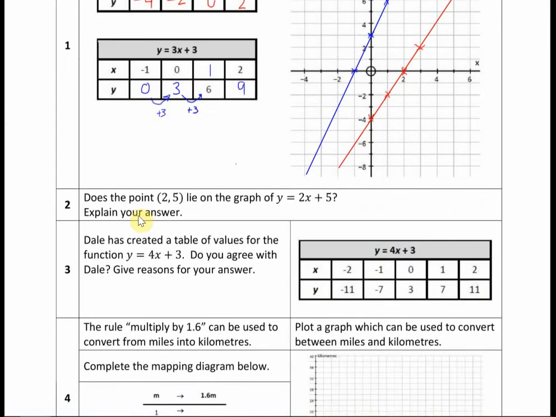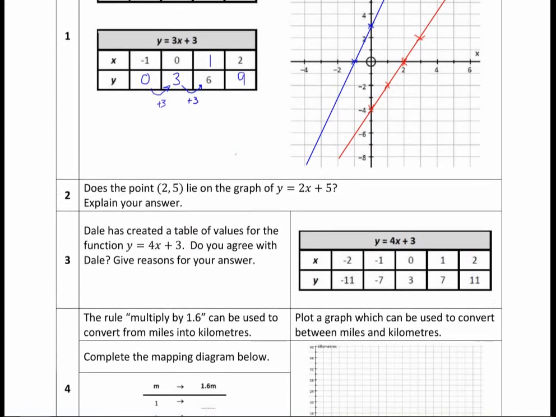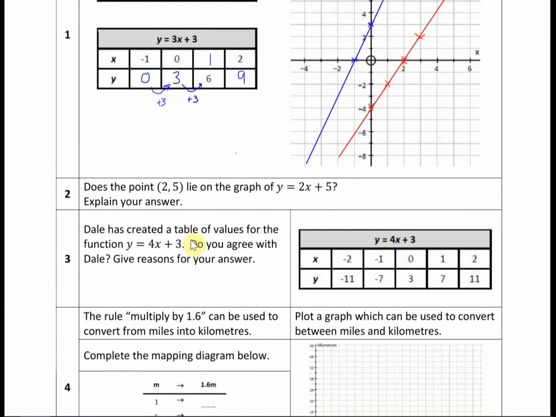Okay. Does the point 2, 5 lie on the graph of y equals 2x plus 5? Well, remember that an equation links the y and the x coordinate. All we need to do is put this x coordinate into this equation and see whether it gives us a y coordinate of 5 when it comes out. Okay, so we're just going to substitute in x equals 2.